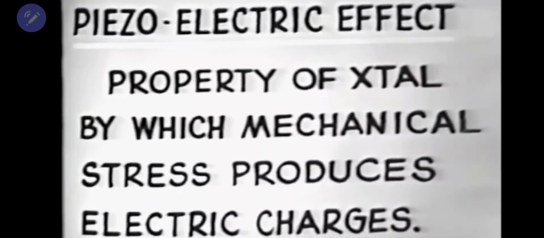Now, let's recap a few of the points that we discussed in this lecture. First, we saw the use of the crystal. Now, we said that the crystal must exhibit the piezoelectric effect, and we defined the piezoelectric effect as the property of a crystal by which mechanical stress produces electric charges, and conversely by which electric charges produce mechanical stress.